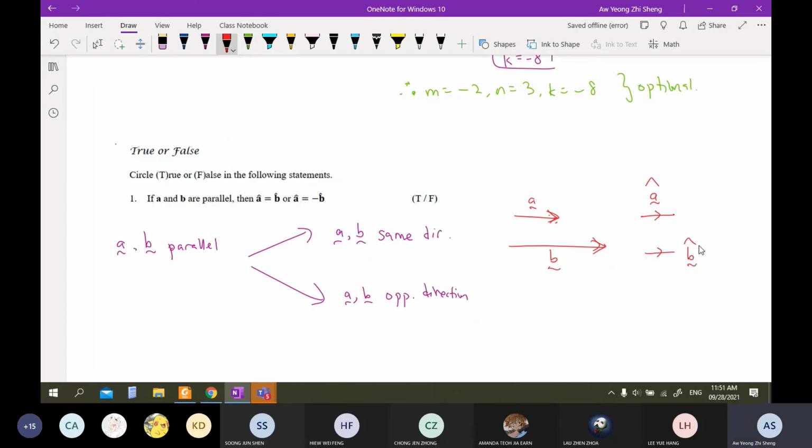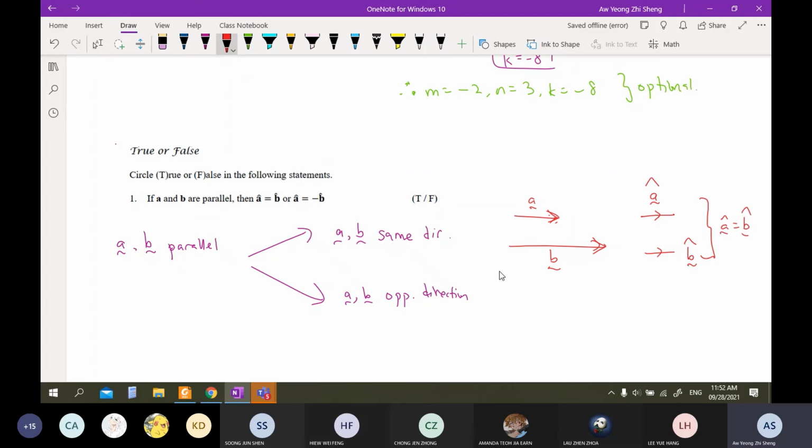When we take the unit vector of a vector, the direction remains the same. So a hat and b hat will have the same direction for sure, and because they also have the same length, we can conclude that a hat is equal to b hat.